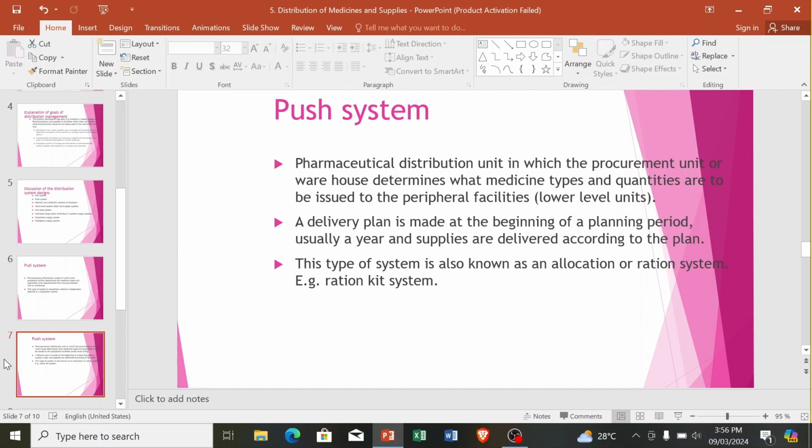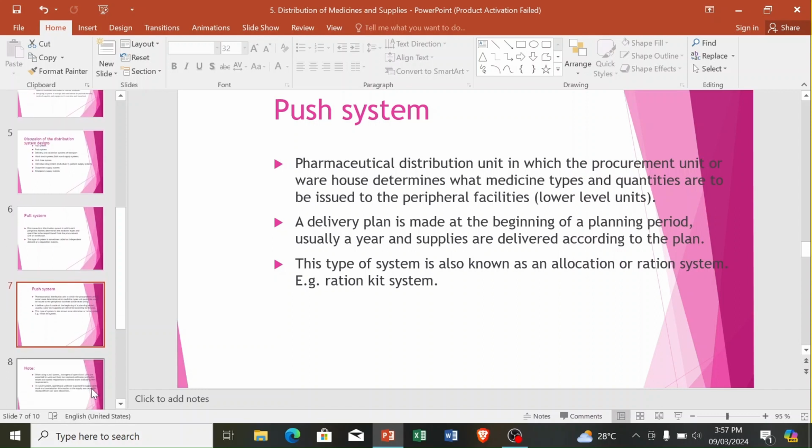A delivery plan is made at the beginning of the planning period, usually a year, and supplies are determined according to the plan. This type of system is also known as the allocation or rotation system, rotation kit system.